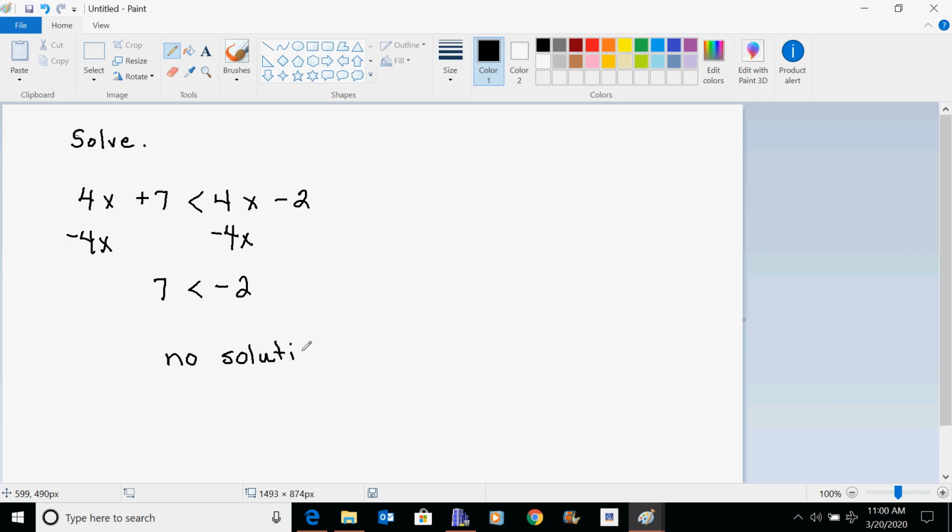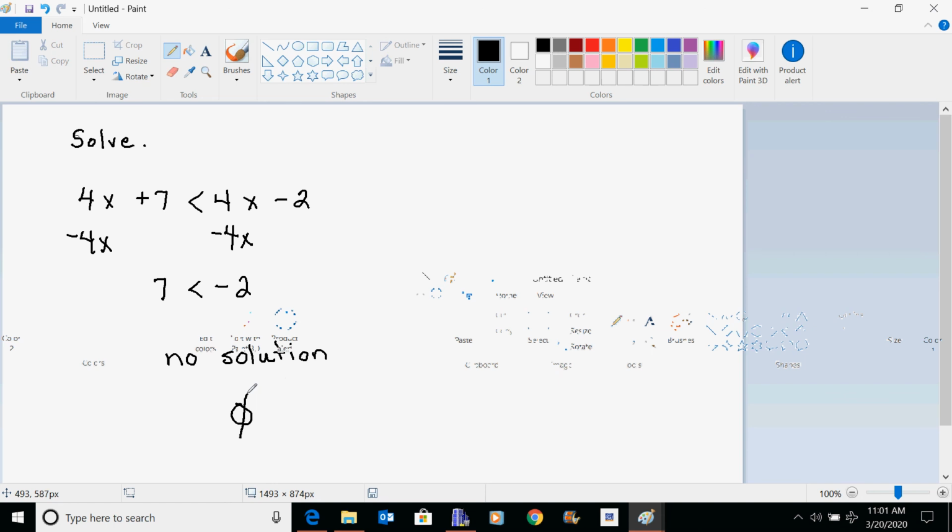I had a couple of you writing a 0. 0 is not the solution. The answer is that there is no solution. You can, if you want, write a circle slash, but I kind of regret saying that because a circle slash is different than a 0, and some of you are writing 0. No solution is not the same as the number 0.